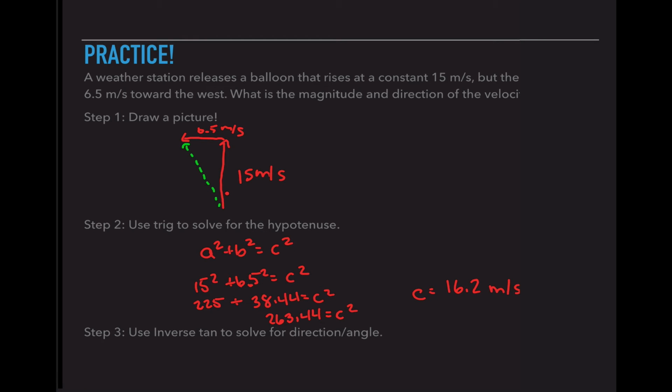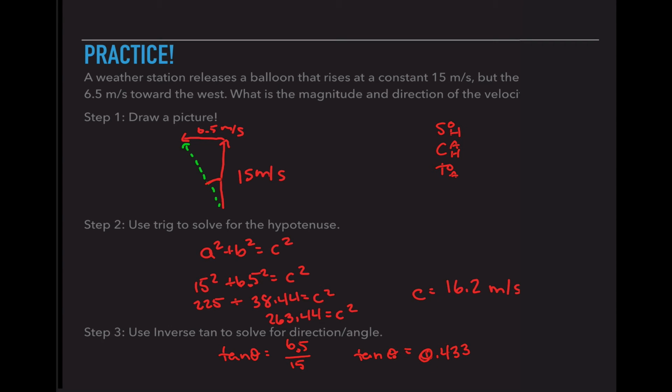Alright, so now we want to solve for the direction, and we're actually going to look for this angle right here. So if I write SOHCAHTOA to remind us what we're looking at, we have the adjacent leg and we have the opposite leg. So we are going to use tangent. So I have tan theta is opposite 6.5 over adjacent 15. Tan theta is 0.433.